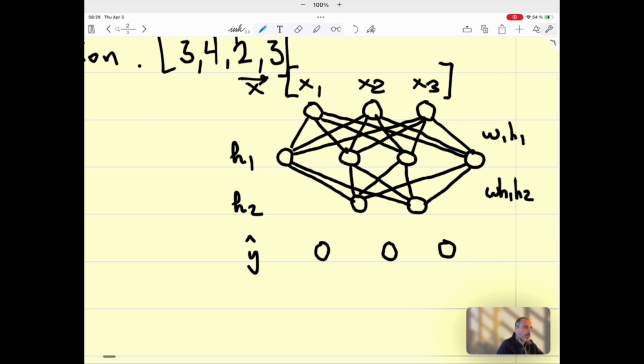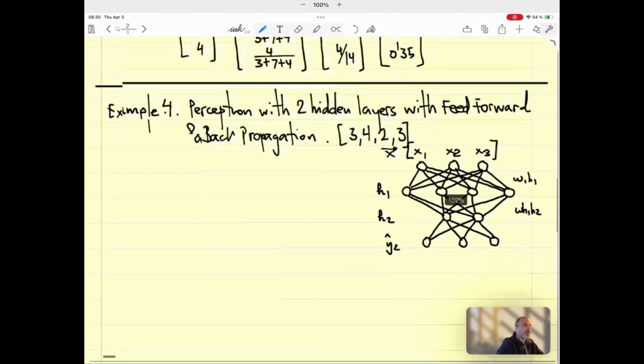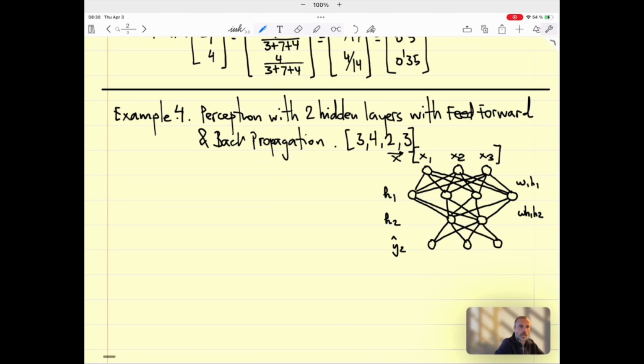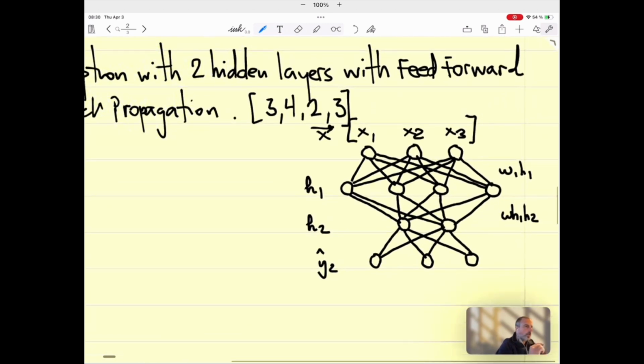Okay, we call this the weight matrix H2, 2, 3. Okay?